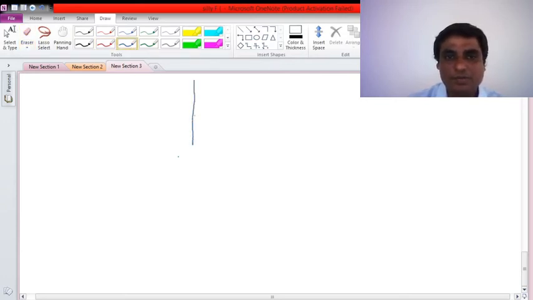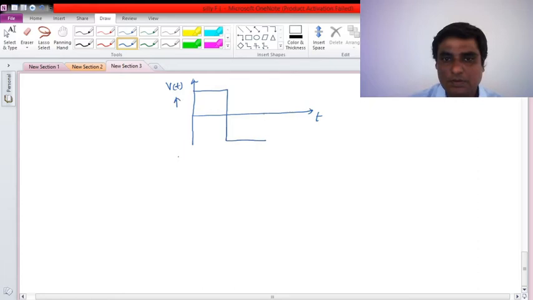So suppose this is my voltage applied across the inductor like this. Okay, this is 0 to T by 2 and T time period. This is V and this is minus V. So I'll ask you immediately, what will be the current through the inductor?